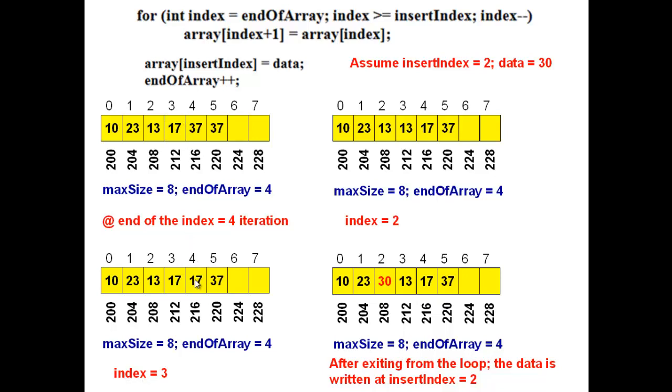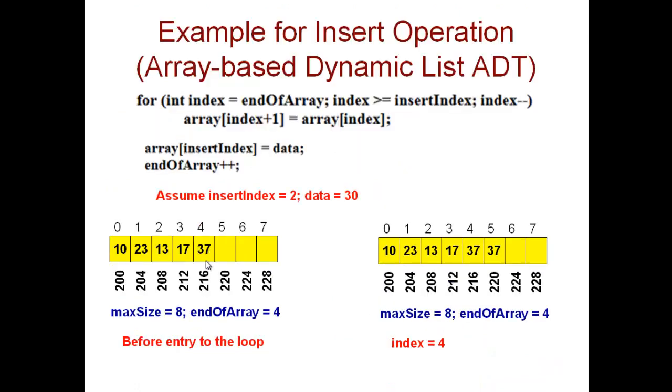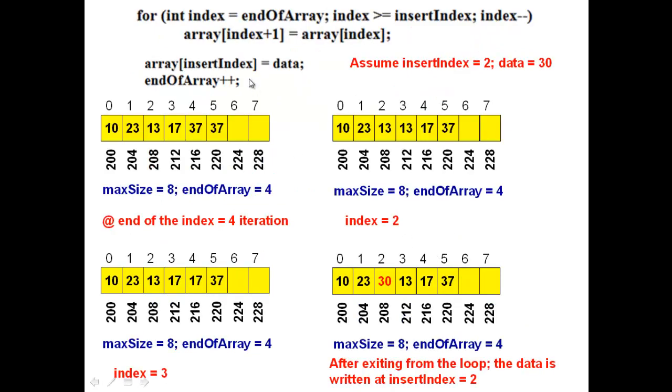So essentially you can see I'm copying, starting from end of array, every element to its right. Initially 37 is copied to its right. Now the 17 is copied to its right. So it is now 17 at index 3 as well as at 4, and this 37 is no longer at index 4, but it is now at index 5.